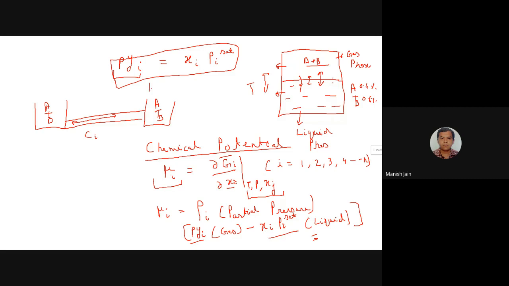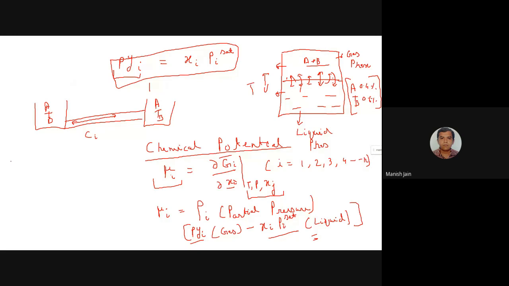Raoult's law represents that when the system is in equilibrium, then mass transfer cannot occur. Equilibrium means the amount of liquid vaporized should be equal to the amount of gas condensed, and the concentration should also be the same, not changing. That means P yi equals xi Pi sat.